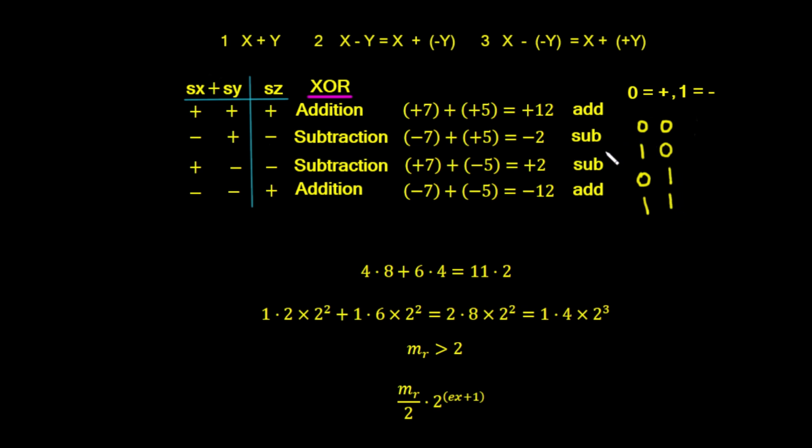And you can see the outputs are given by these values here, which are going to be again a 0, a 1, a 1 and a 0.